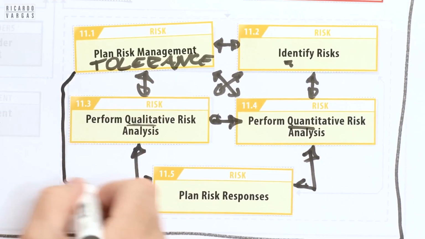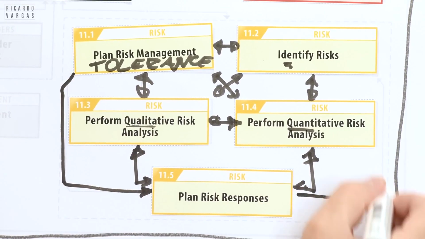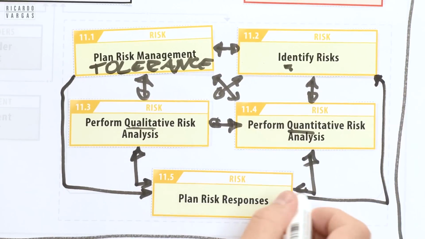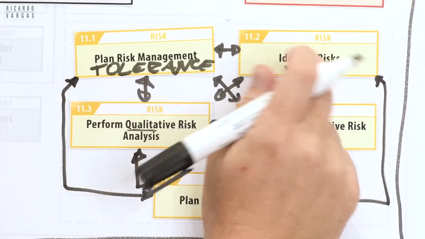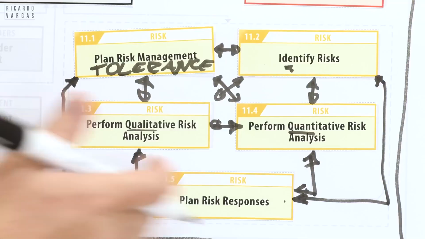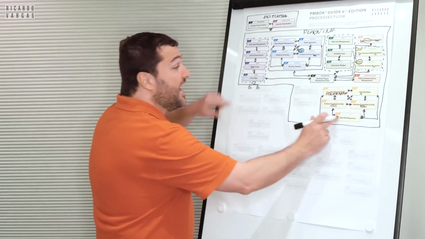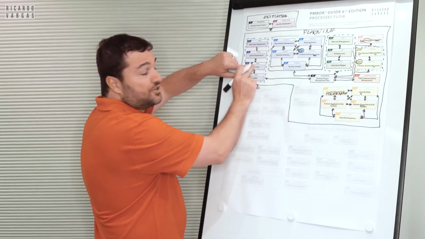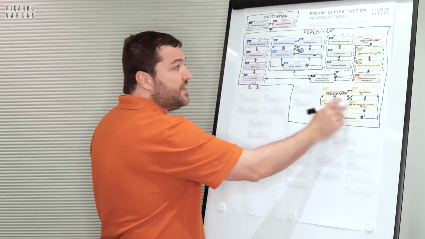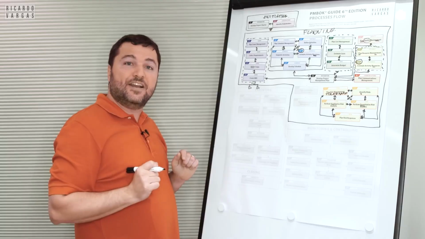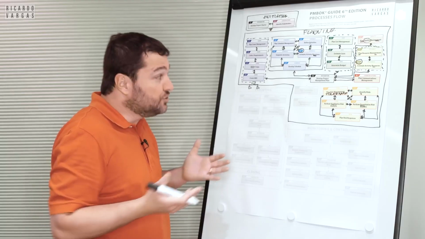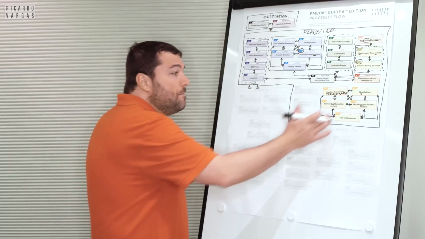So what I need to do here is plan and identify, okay, what can I do to protect my project from that risk? Then maybe I will say I'll buy an insurance. Or maybe I will say I will change some parts of my scope. Maybe I will put more financial reserves. So it depends. So then you plan this.